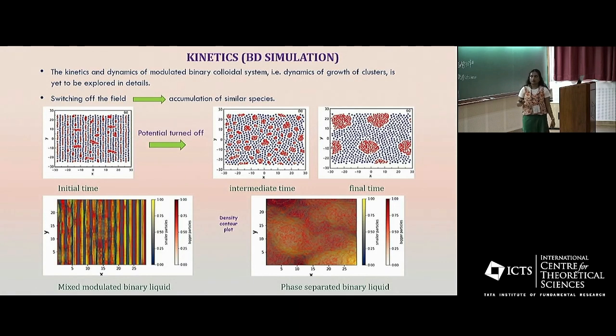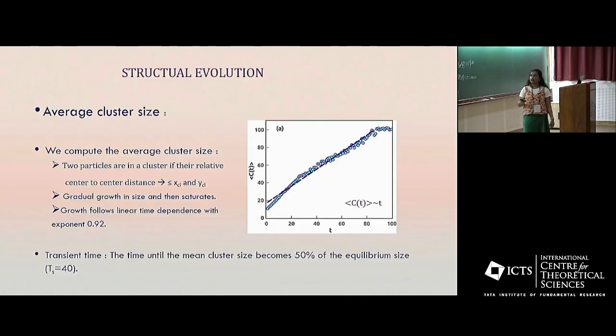This is the density plot that corresponds to that. We look into the cluster size, how the cluster sizes of the smaller particles evolve in time. We observe that it gradually increases before coming to a saturation as the system reaches the equilibrium value. We call that time the transient time, where the cluster size has attained half of the maximum value.